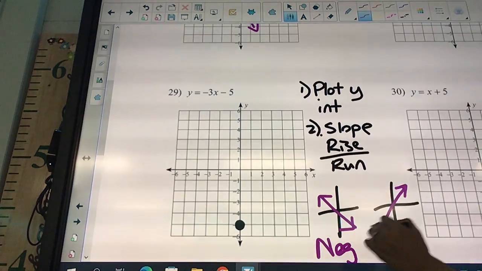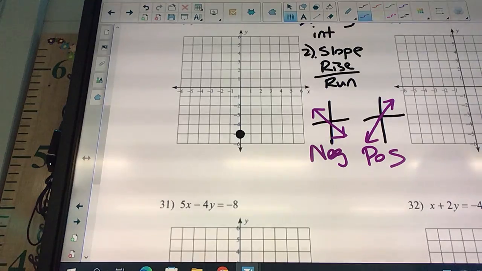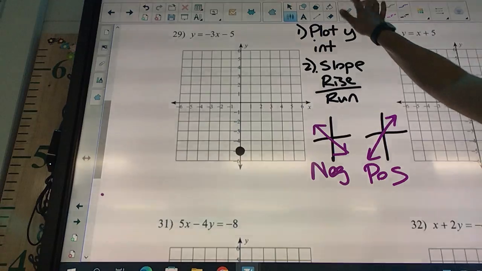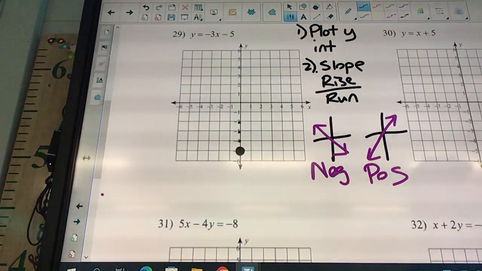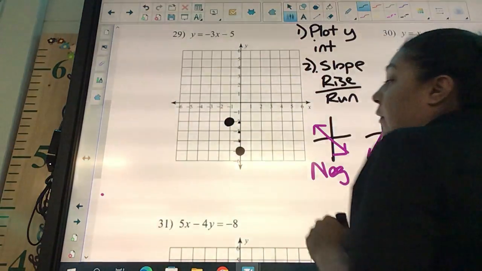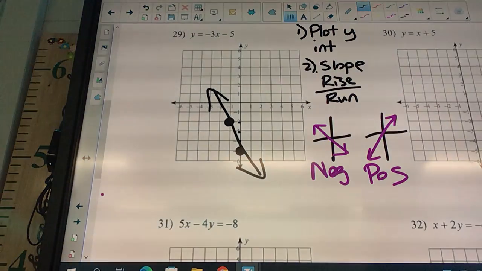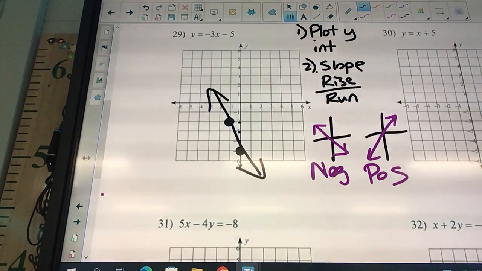And this one's going to be positive. So we started at -5, and then we need to do our slope. What is our slope? Up 3 over how many? 1, which way? To the left. Because why? Because it's a negative. I need my line to be negative. Don't forget your arrows, Chase.